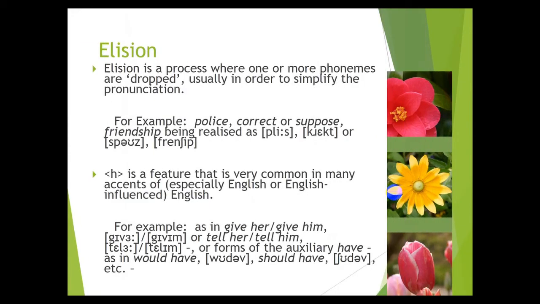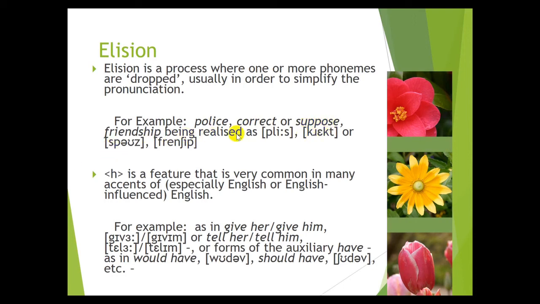Next, we have elision. Elision is a process where one or more phonemes are dropped, or omitted. Usually, it is done to simplify the pronunciation. So, for example, the word police becomes 'plice', correct becomes 'crect', suppose can be 'spose'.